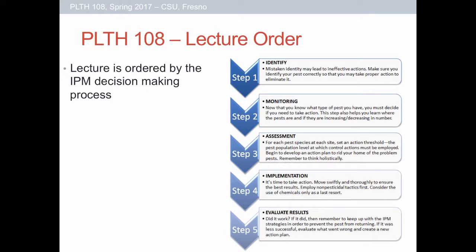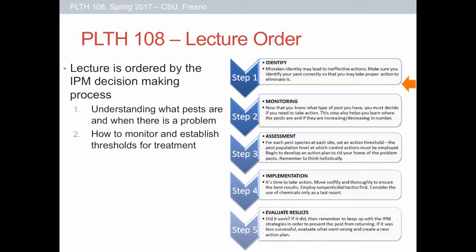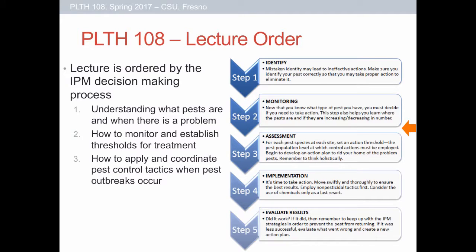So the lecture order. Lecture is approximately going to follow the IPM decision-making process. We're going to address every step in that decision-making process as a series of lectures. We'll start out with understanding what pests are and when to identify that there are problems. We'll then shift down to steps 2 and 3, how we monitor and establish thresholds, when it is that we actually should be treating.